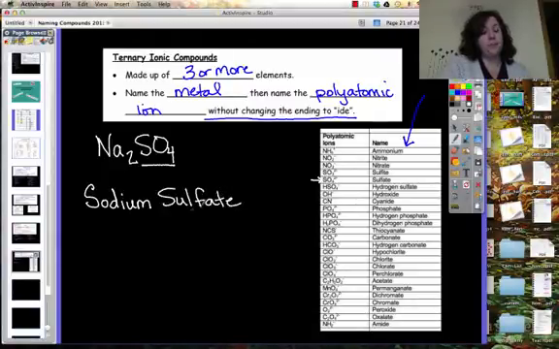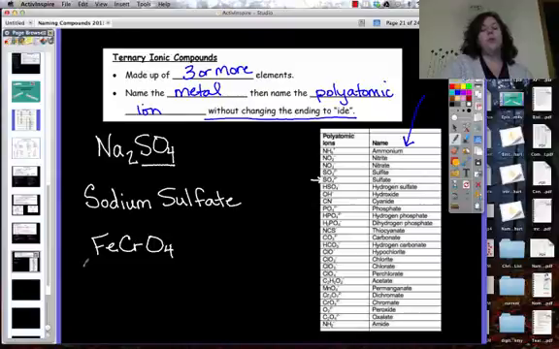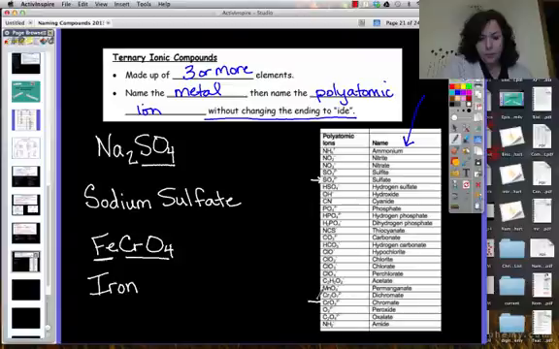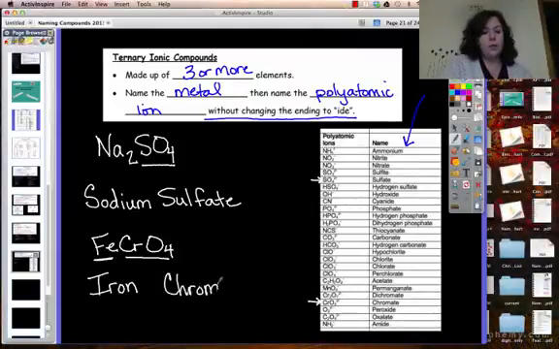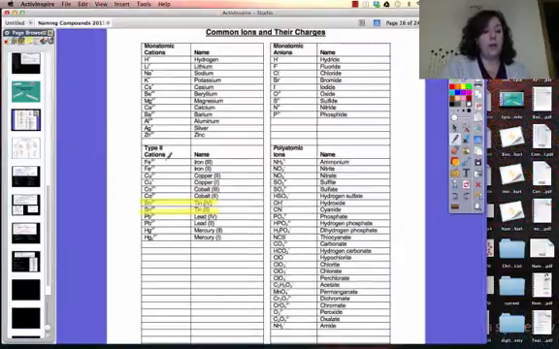That's it. And then the next one is FeCrO4. So here's my metal, that's iron, and CrO4 is down here. That's chromate. Now, because I know that iron is a polyvalent element, it's a type 2 cation.